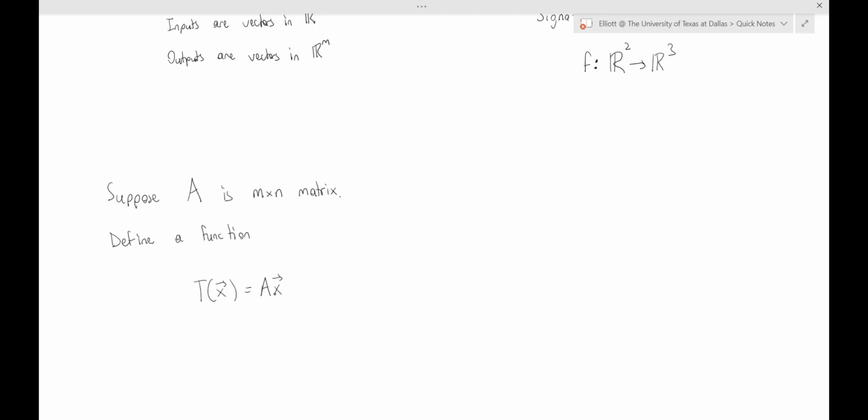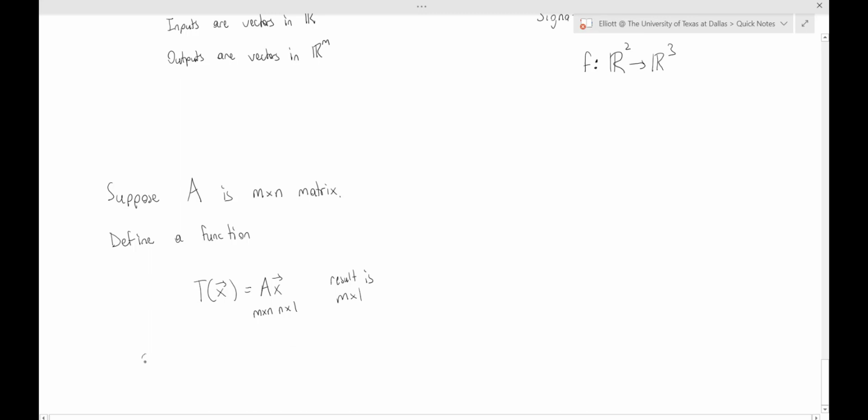Now since A is size m by n, the vector x will have to be size n by 1, because remember the number of components of x has to match the number of columns in A. And then remember that the size of the result is given by the numbers on the outside. So the result is size m by 1.